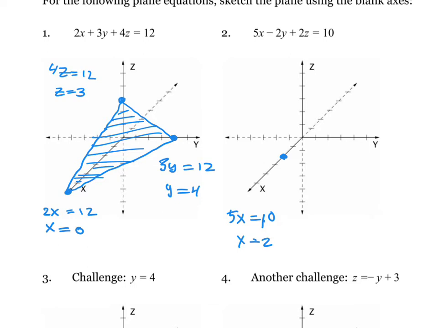For the y-axis, we're going to be solving the equation negative 2y equals 10, so y equals negative 5. So on the y-axis, we'll count to the left of the origin, 1, 2, 3, 4, 5 units. And for the z-axis, we're going to be solving the equation 2z equals 10, or z equals 5. So we can count up 1, 2, 3, 4, 5 units on the z-axis.